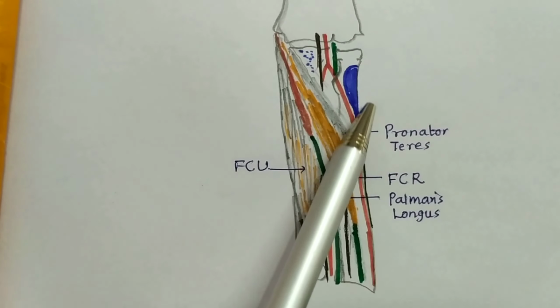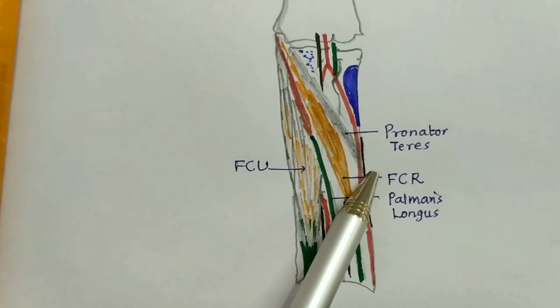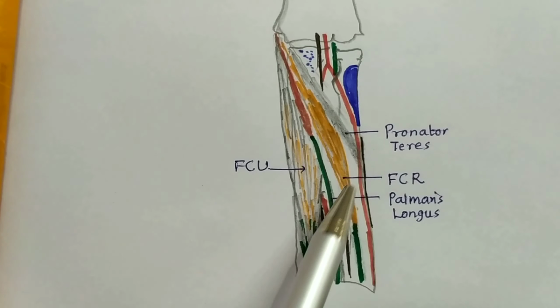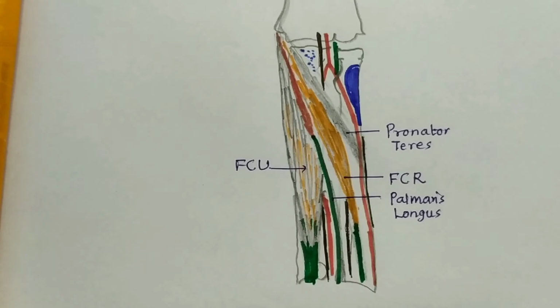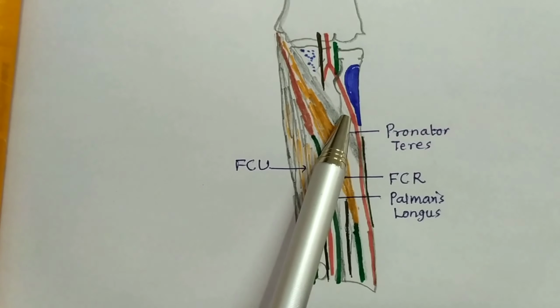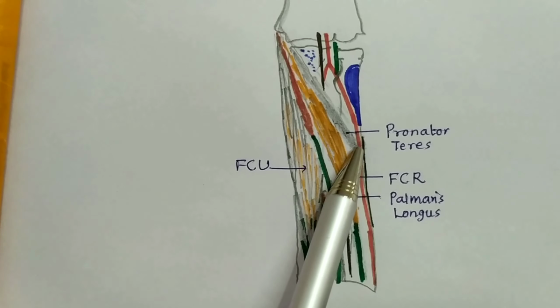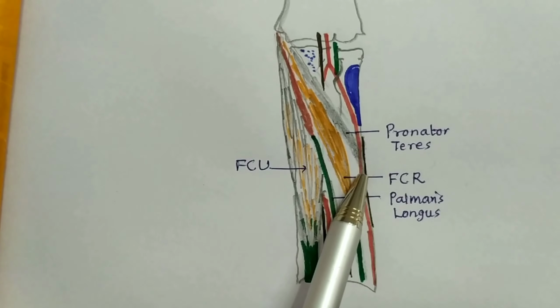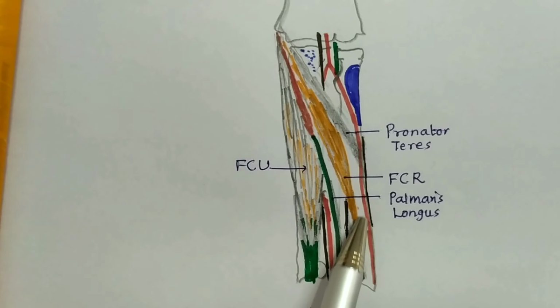Along the lateral margin of the forearm lie 3 extensor muscles. They are brachioradialis, extensor carpi radialis longus and extensor carpi radialis brevis. The radial artery and the superficial branch of radial nerve lie along the lateral side.